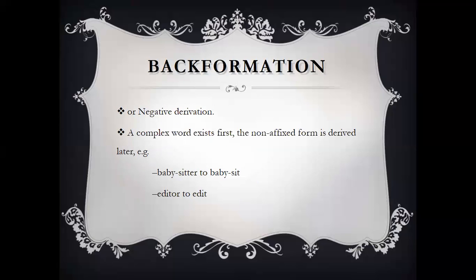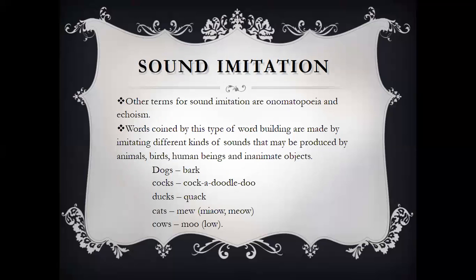And back formation or negative derivation is based on analogy. A complex word exists first, and the non-affixed form is derived later. Babysitter to babysit, editor to edit. Sound imitation. Other terms for sound imitation are onomatopoeia and echoism.